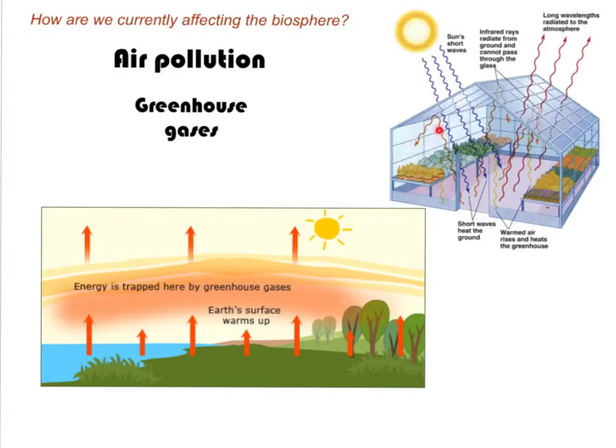And the greenhouse effect is actually very beneficial. Without it, we would not be able to sustain the kind of life that we do on Earth. However, excessive greenhouse gases cause a problem. When we have too much of that, the Earth then gets too warm.